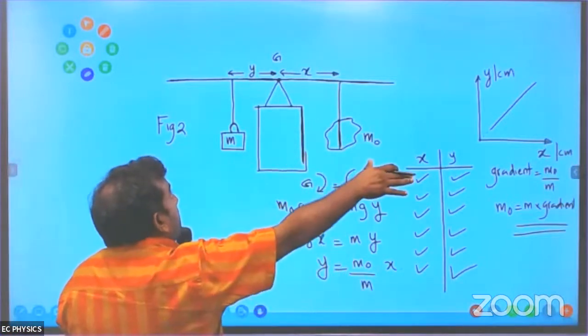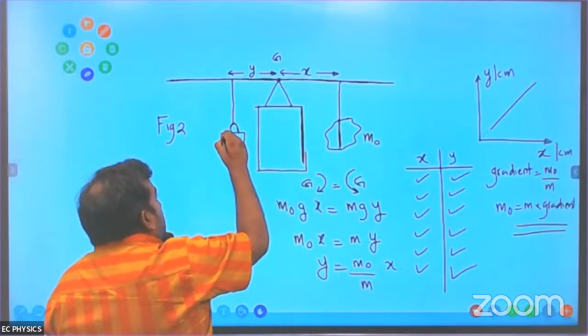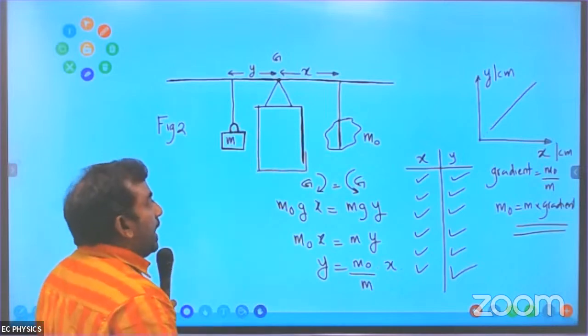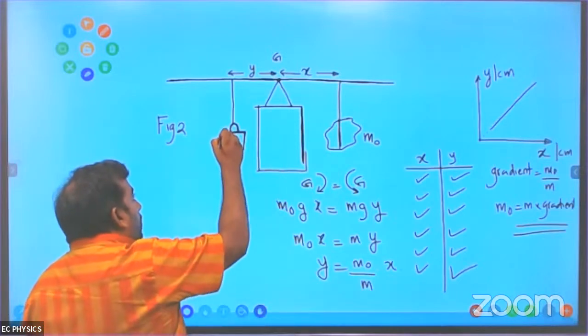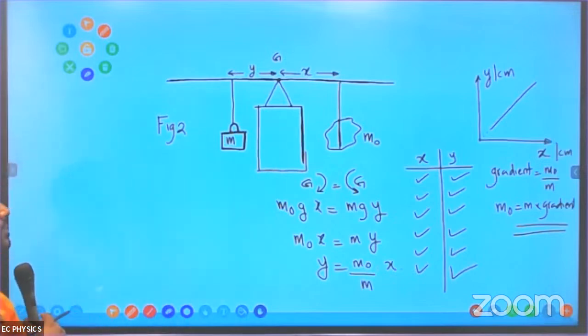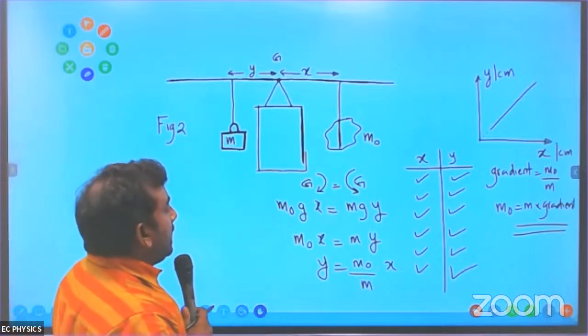And to balance it, we hang the known weight at a distance y as shown in the figure.